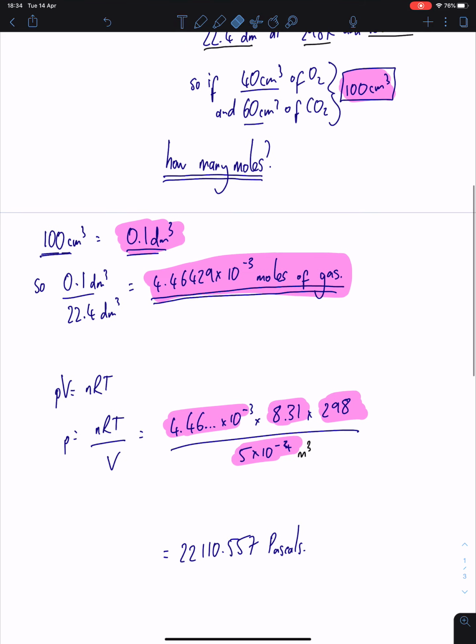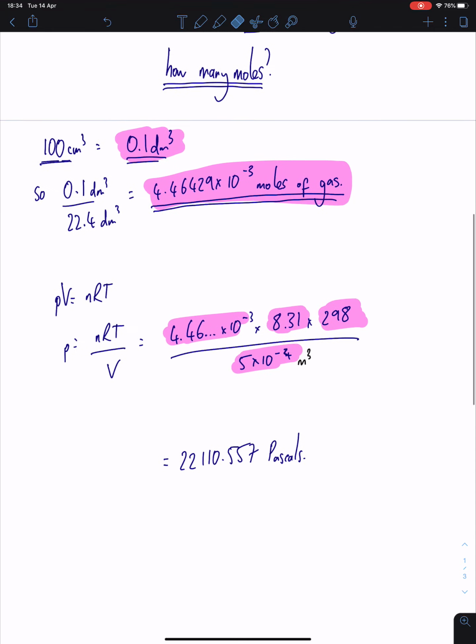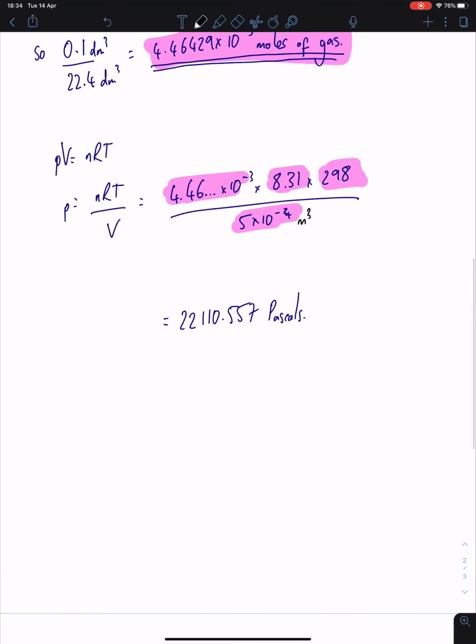Solution number two was saying, well, you can use the ideal gas equation and kind of double it up. So what it's really saying there is that in the first situation, PV equals nRT. So the carbon dioxide and oxygen, to start with, are following the rules of this equation.